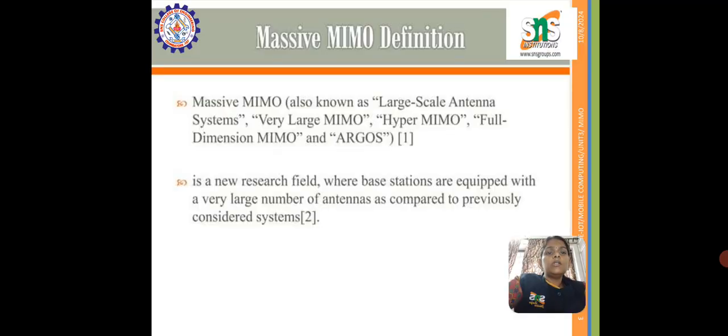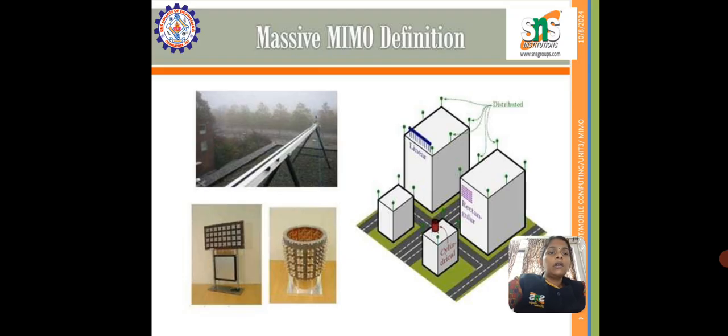It is a new research field where the base stations are equipped with a large number of antennas as compared with the previously considered system. So this is an example of massive MIMO definition. Here, see in this building many transmitter antennas have been attached so that the data is transmitted parallelly.